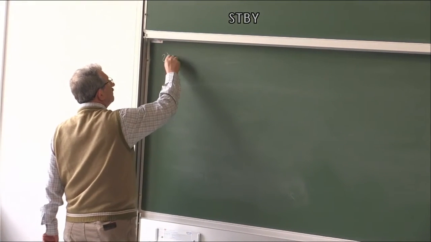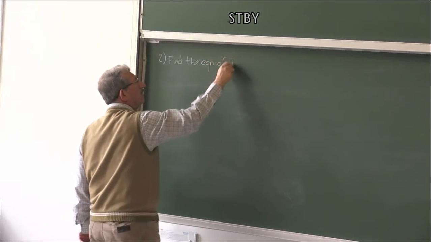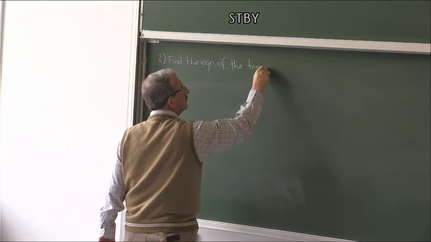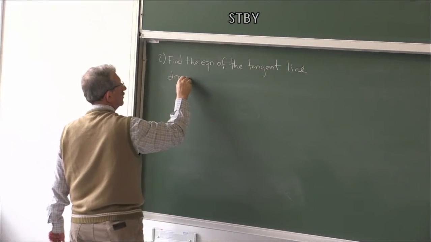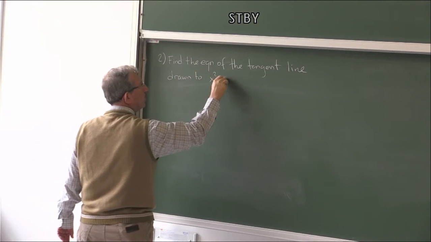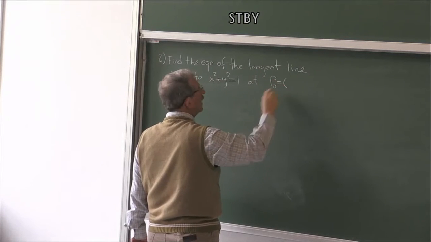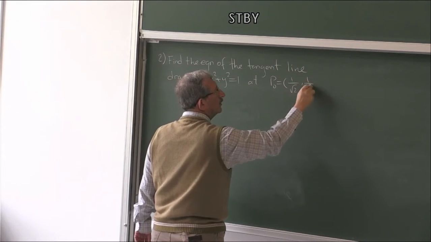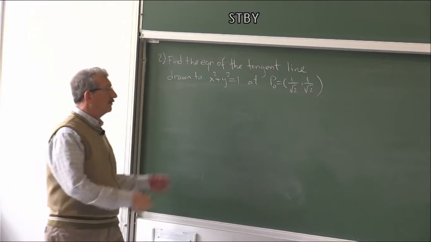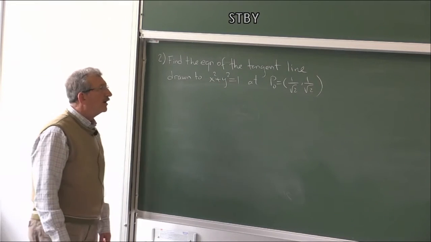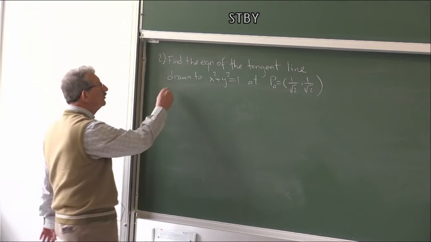That's to say, find the equation of the tangent line drawn to x squared plus y squared is 1 at p0, that is 1 over root 2, 1 over root 2. Of course, this is a point on the circle, and we want to find the equation of the tangent line. Of course, we can do this using our 119 methods, but here we want to do it a little bit differently.